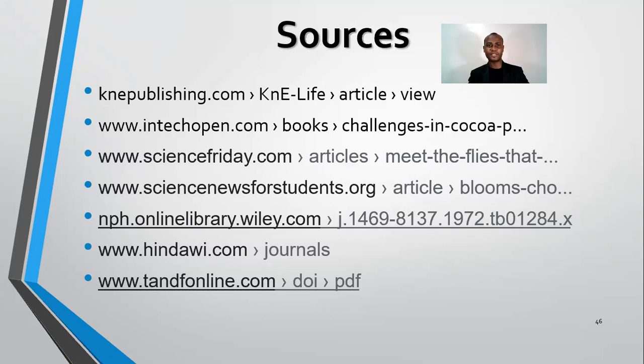Another question. When cross-pollination happens, does the cacao pod have more of the mother tree's characteristics or the father tree's, or is this undetermined? As of now, it's not visually determined.